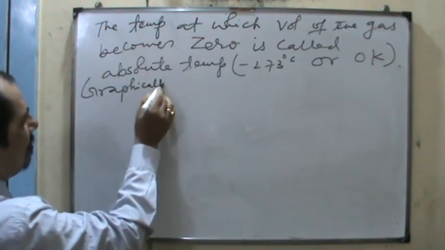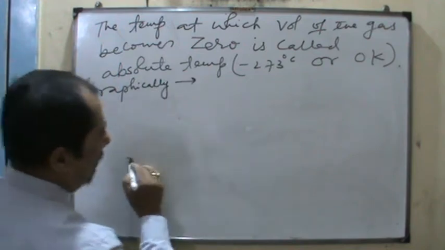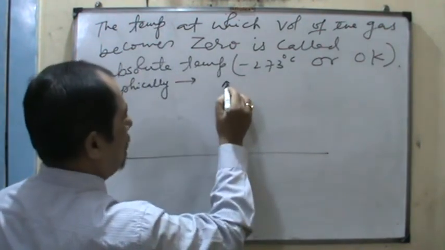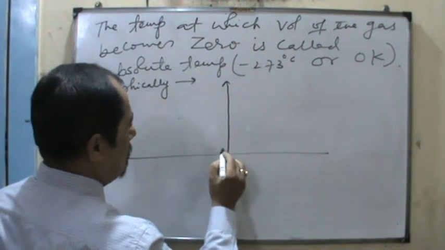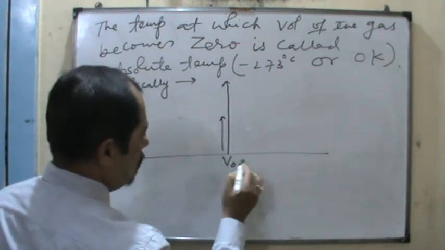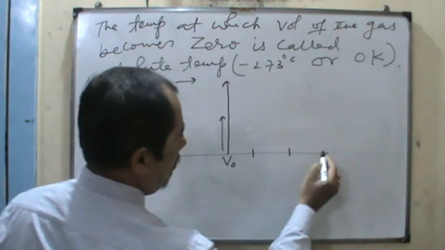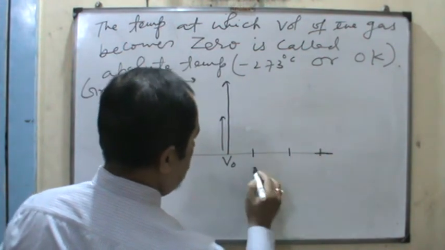Graphically, this law is expressed as follows: it is the volume V0 against 100, 200 as well as 300 degrees Celsius.